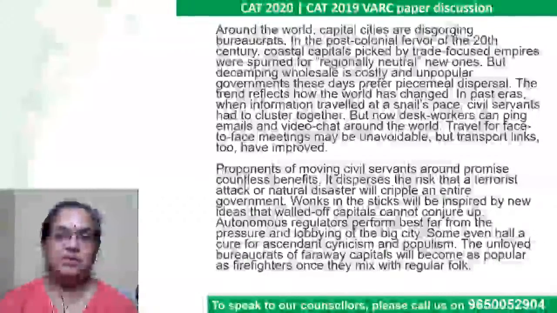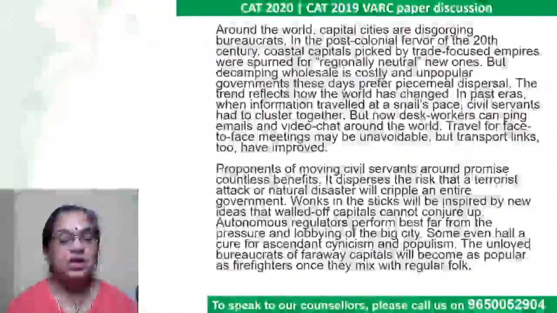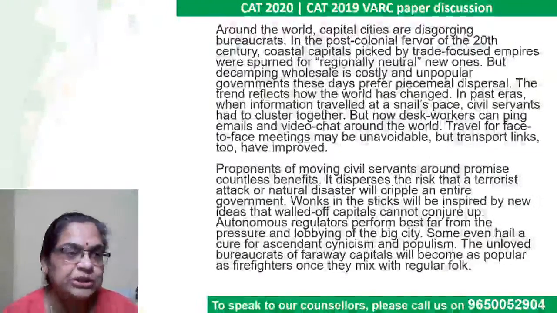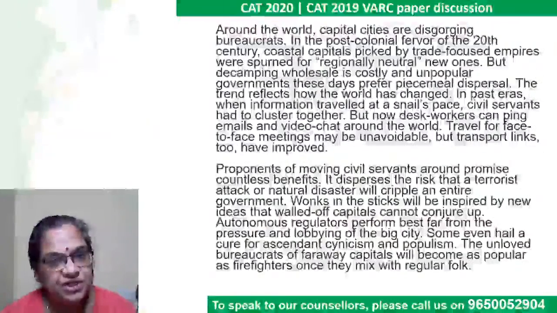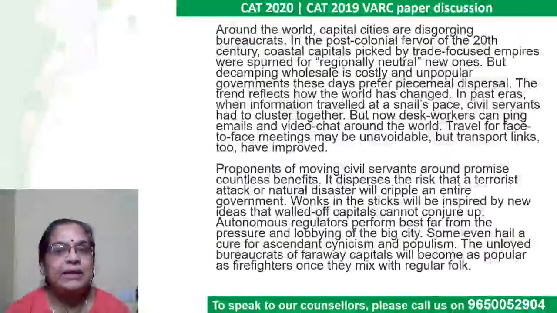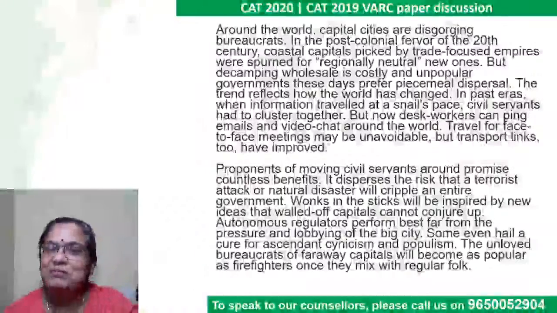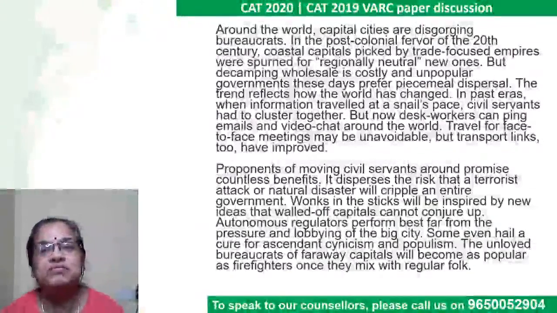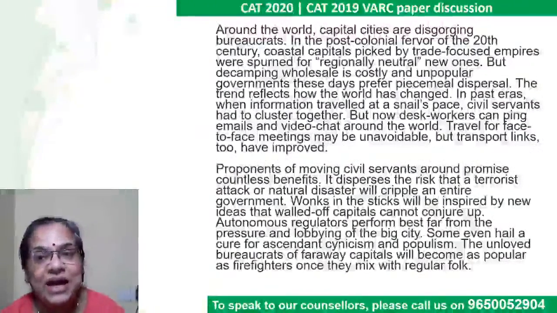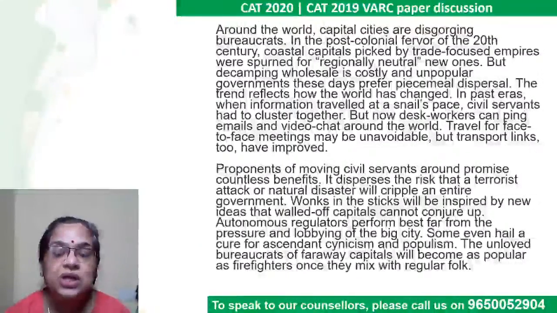Now, if we read the passages from the first slide, the first one is about capital cities and whether capital cities should be shifted to smaller places. The author says that capital cities are disgorging bureaucrats, that means they are throwing them out. In the post-colonial fervor of the 20th century, coastal capitals picked by trade-focused empires were spurned for regionally neutral new ones.